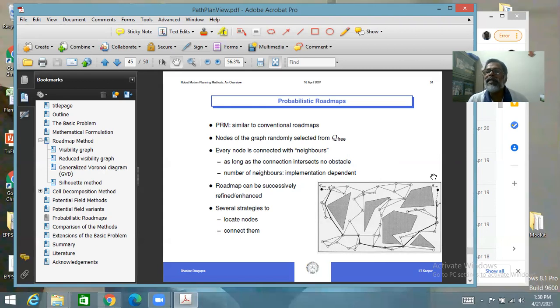Say, for example, I say, I want your path to succeed with 90% probability. Then you say, then I will take these many nodes. Then I say, no, 95%. Then you say, okay, then I will have to take more nodes, which is this. So like that, if you can handle the thing, then it is called probabilistically complete. You can meet the demand of any probability of success. Okay, still a little probability of failure remains.